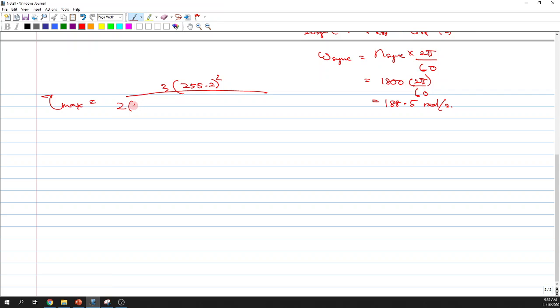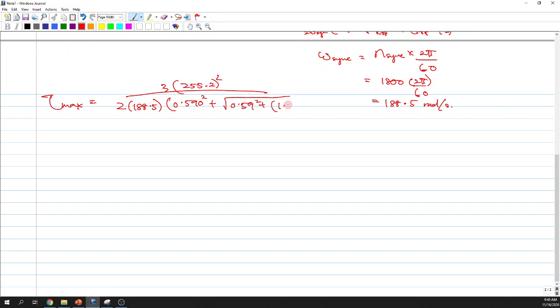So we put here 188.5 multiply with 0.59 plus the square root of 0.95, this is square, plus 1.106, this is also square.